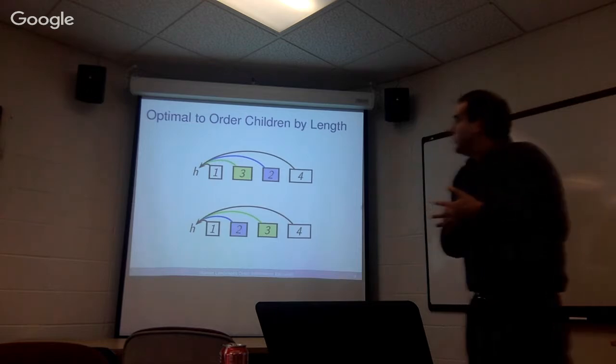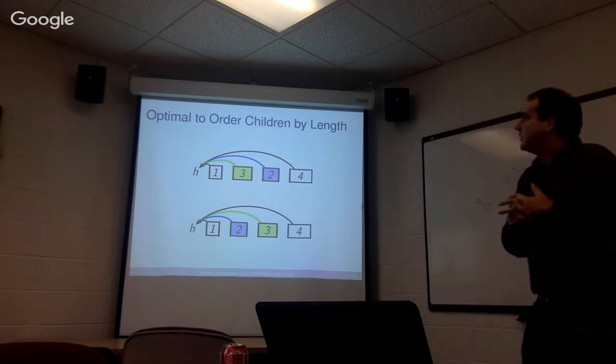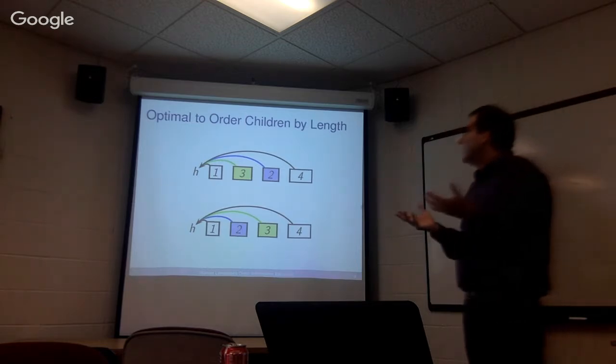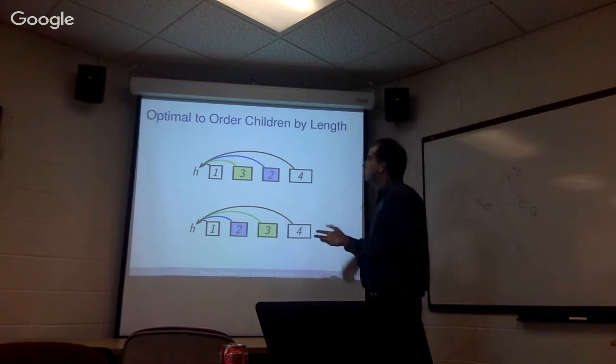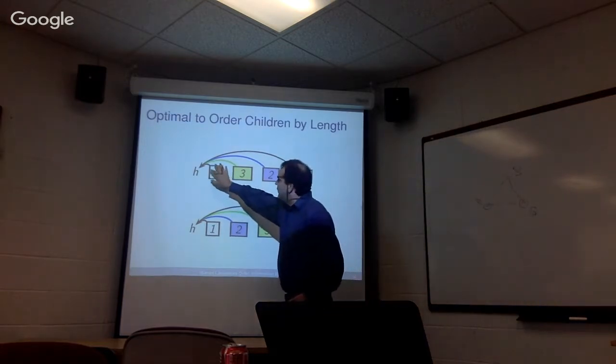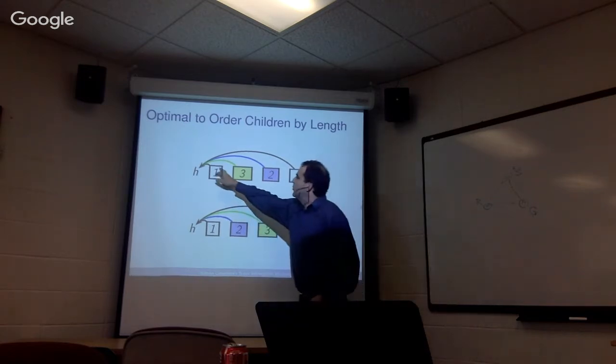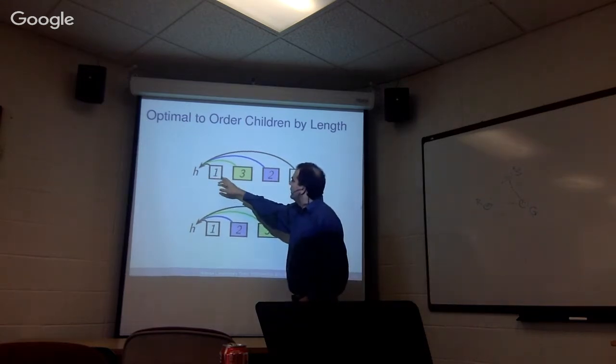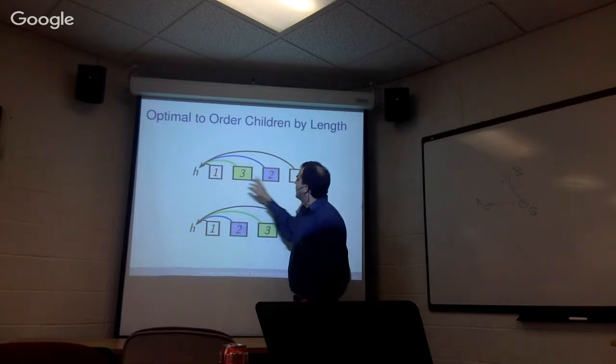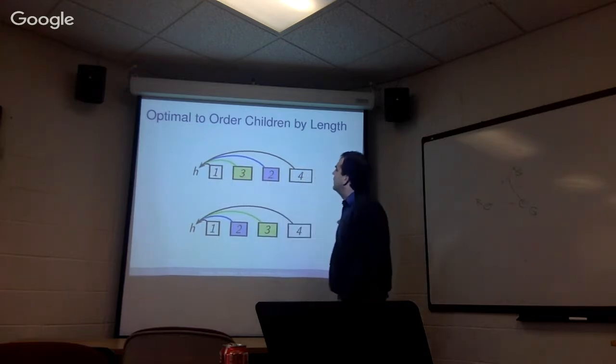Okay, so if you want to make the dependency lengths as small as possible, it also makes sense to put the shortest subtrees closest to the head that they modify. So there's some group of words here, and if you order them by length, this is shortest, next shortest, next shortest.